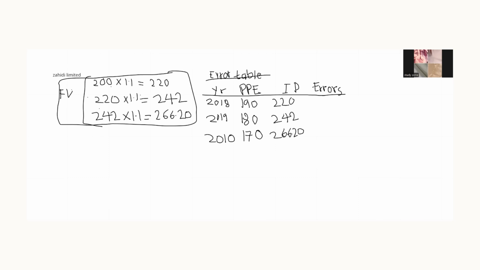Now the errors. We have recorded the depreciation expense of 10 for each of the 3 years, and we haven't recorded the fair value gains: 20 in the first year, 22, and 24.2. See, 220 minus 200 cost is a fair value gain of 20, 242 minus 220 is 22, and 266.20 minus 242 is 24.2.